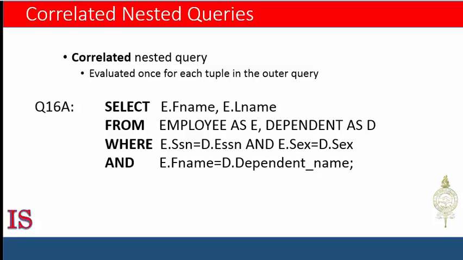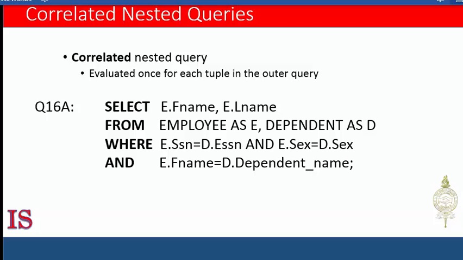Whenever a condition in a where clause of a nested query references some attribute of a relation declared in an outer query, the two queries are said to be correlated. We can understand a correlated query better by considering that the nested query is evaluated once for each tuple or combination of tuples in the outer query.